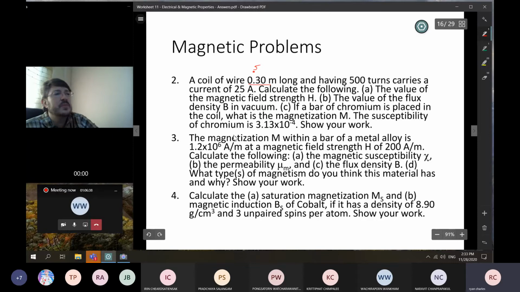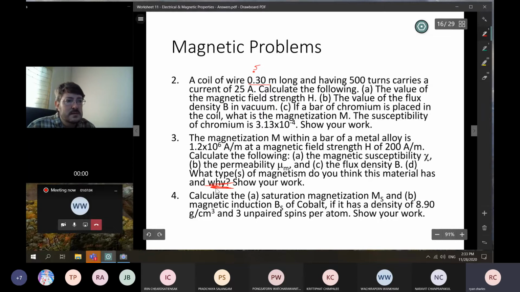Show your work. Next, the magnetization M within a bar of a metal alloy is 1.2 times 10 to the 6 amps per meter at a magnetic field strength H of 200 amps per meter. Calculate the following: magnetic susceptibility, the permeability, the flux density, and what types of magnetism do you think this material has and why?